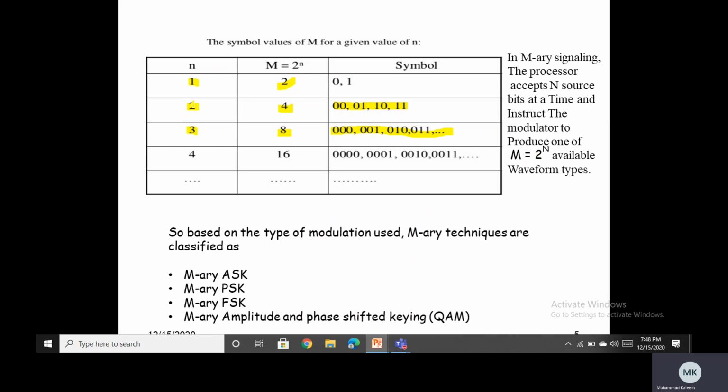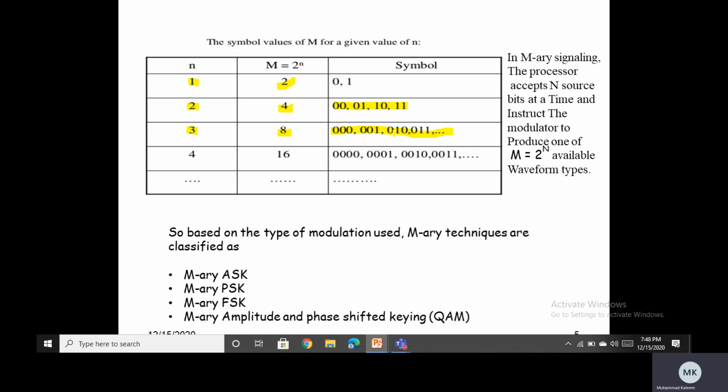In case of n equal to 2, the processor will take 2 bits at a time and produce one of these 4 symbols. In case of n equal to 3, the processor will take 3 bits at a time and produce one of these 8 available symbols to represent one of these conditions.